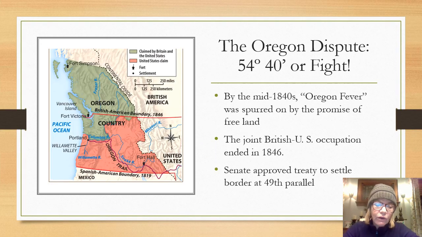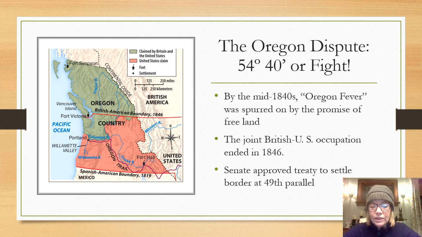Okay, so as far as Oregon goes, if you look at this line just north of Fort Simpson, that's the 54-40 parallel. And Polk's campaign slogan was "54-40 or fight," right? People had Oregon fever. It's like, we're going to take the whole thing.